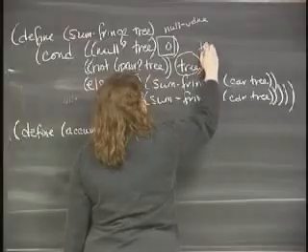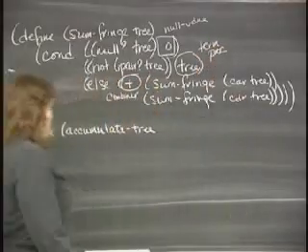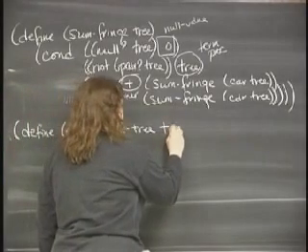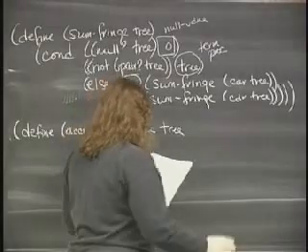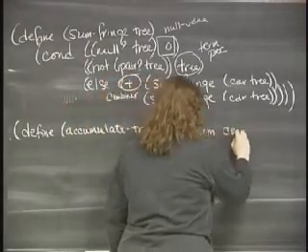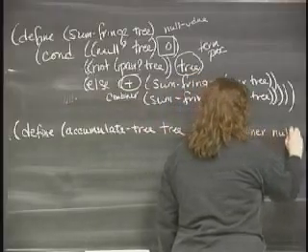Some sort of a term procedure. Okay, so we need a term, a combiner, a null value, and hopefully a tree. So have a tree. Make sure I get the parameters in the right order. Term, combiner, and a null value.